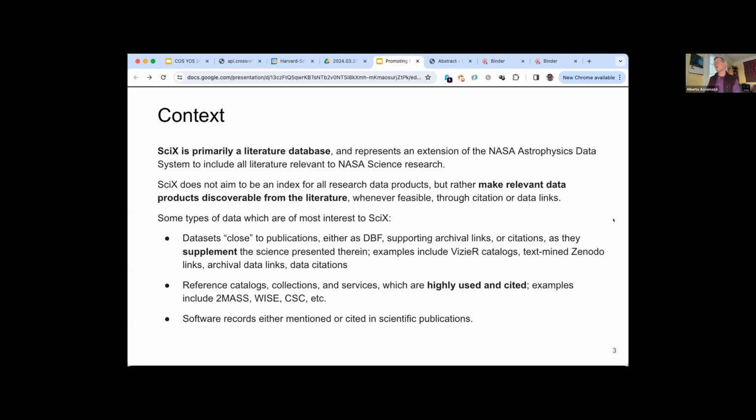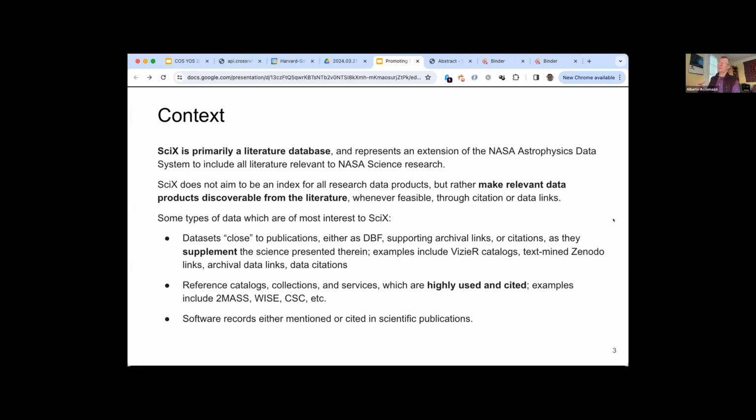Our goal is to capture the relationship between articles and the associated data products so that they can be accessed and reused by scientists who are reading the articles. The types of data products which are typically of interest to us are what I call data sets close to the publication. This is the data behind the figure that Gus was talking about, and links to archival data sets that were studied in the papers.